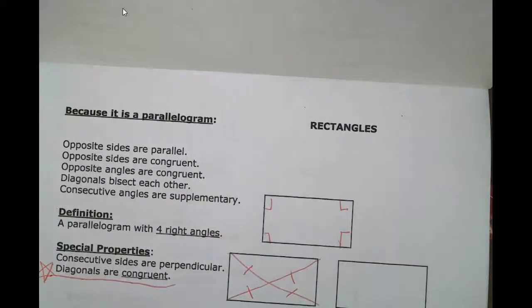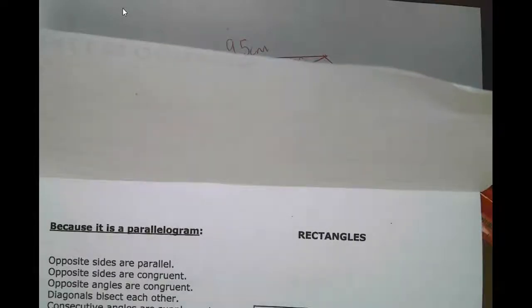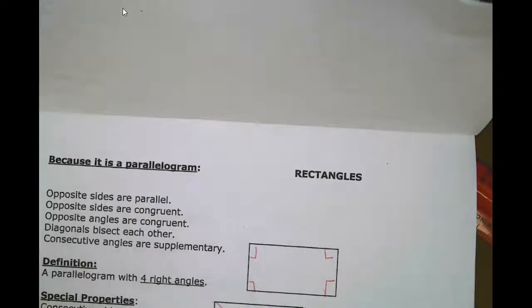Okay. We're going to draw our own rectangles. We're going to do it using the diagonals again. You have a choice. You can either use the short side or you can use the long side. But do you remember how in parallelograms we went long side, short side? Now we're either going to do short, short, or long, long.